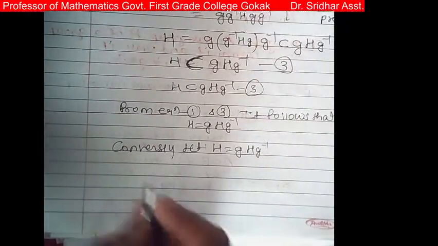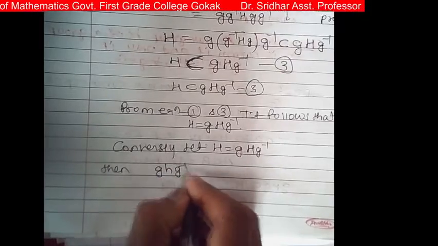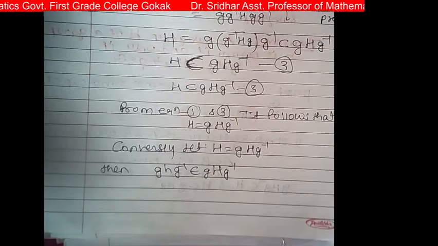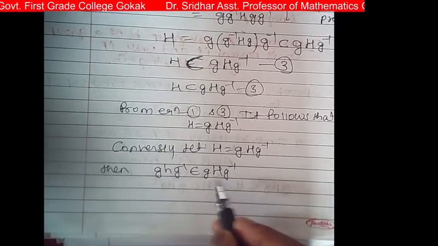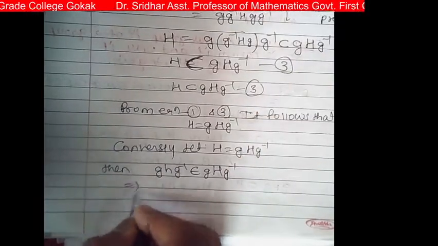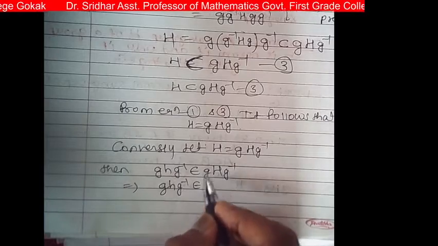Then ghg inverse belongs to gHg inverse, by the assumption that this is a set of the form ghg inverse. So which implies ghg inverse belongs to, and what is gHg inverse?